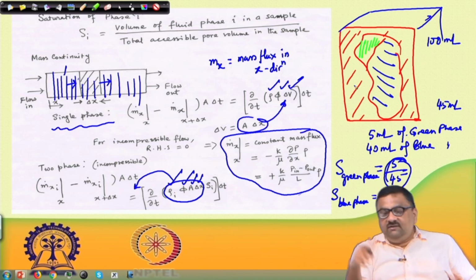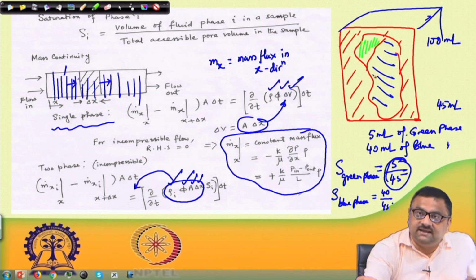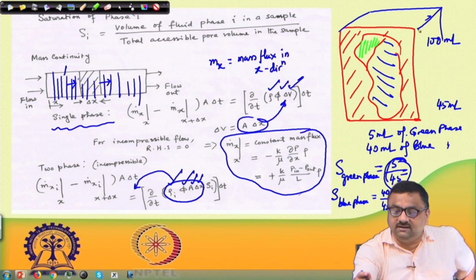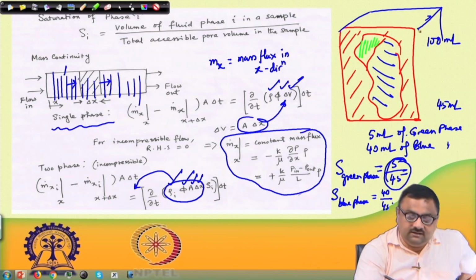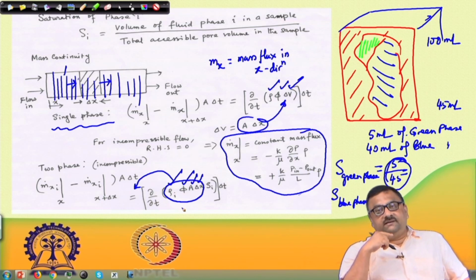Naturally, I would expect the non-wetting phase being injected to gradually occupy more and more of the void space. So the saturation is always changing: the saturation of the wetting phase is decreasing and the saturation of the non-wetting phase is increasing, grid by grid. Then this del S i del T term makes perfect sense.